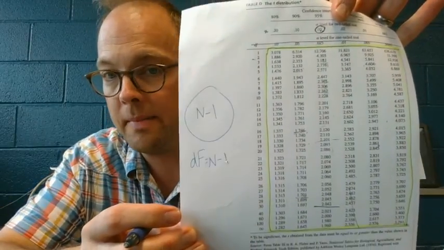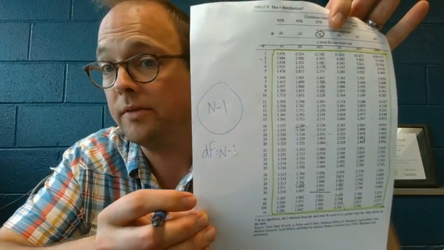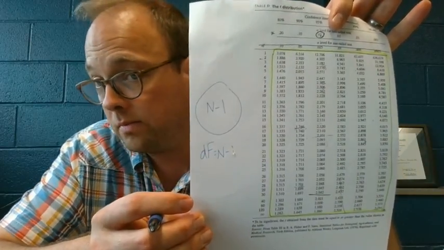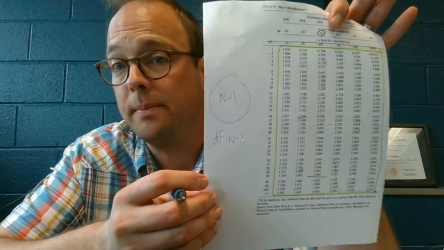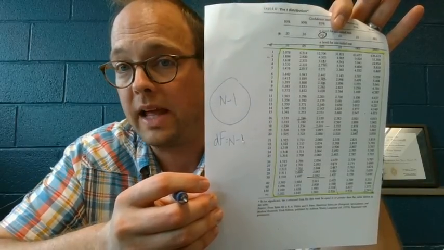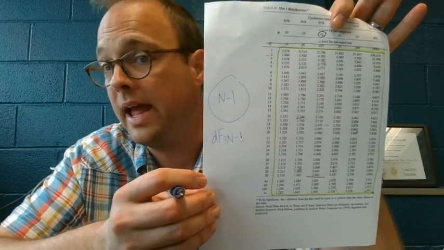And here's how you find degrees of freedom. There's a formula for it. The formula is n minus 1. That's the formula for degrees of freedom for the purposes of this current chapter, chapter 7. That's how you calculate degrees of freedom, n minus 1.